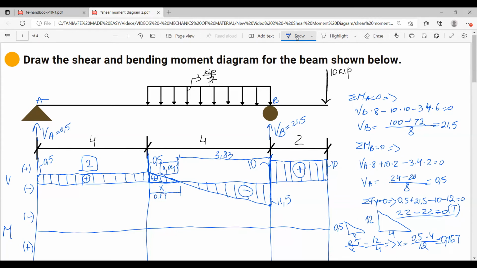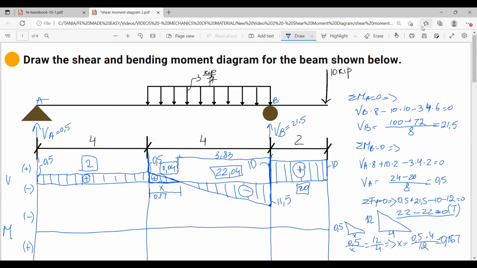And on this side it is 22.4. And here on this side, we have 3.83 times 11.5 divided by 2, and I'm getting 22.04. Okay. Now here I have 10 times 2, and it's 20.